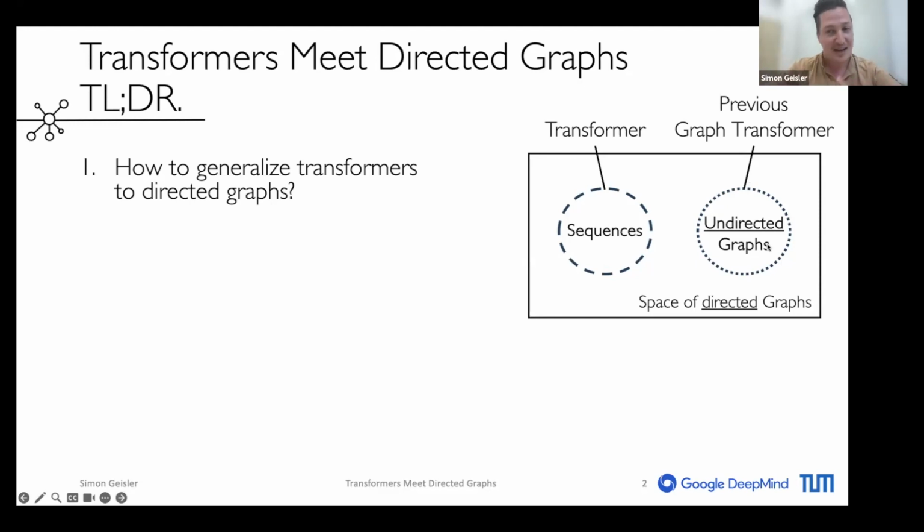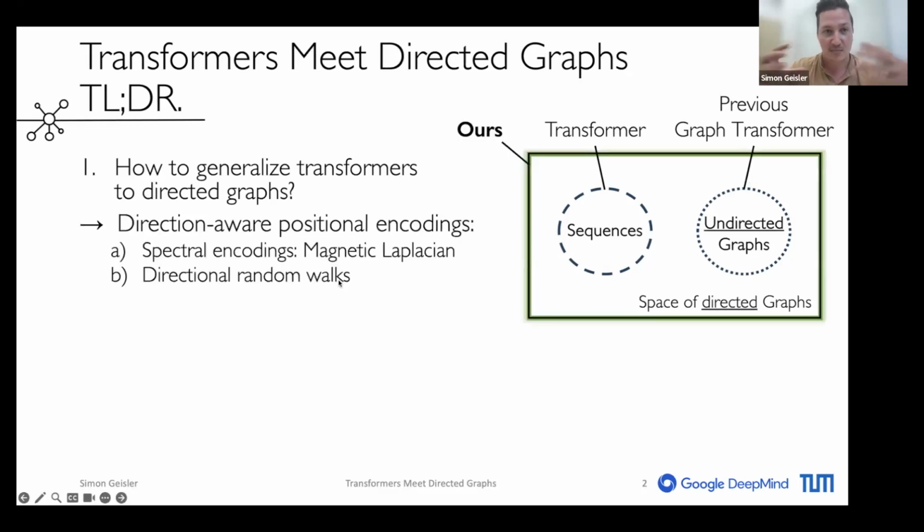However, sequences and undirected graphs are actually two disjoint sets, and in this work we try to overcome this and to propose proper generalizations that would work for sequence tasks and for graph tasks as well, where we then obviously also want to exploit the directionality.